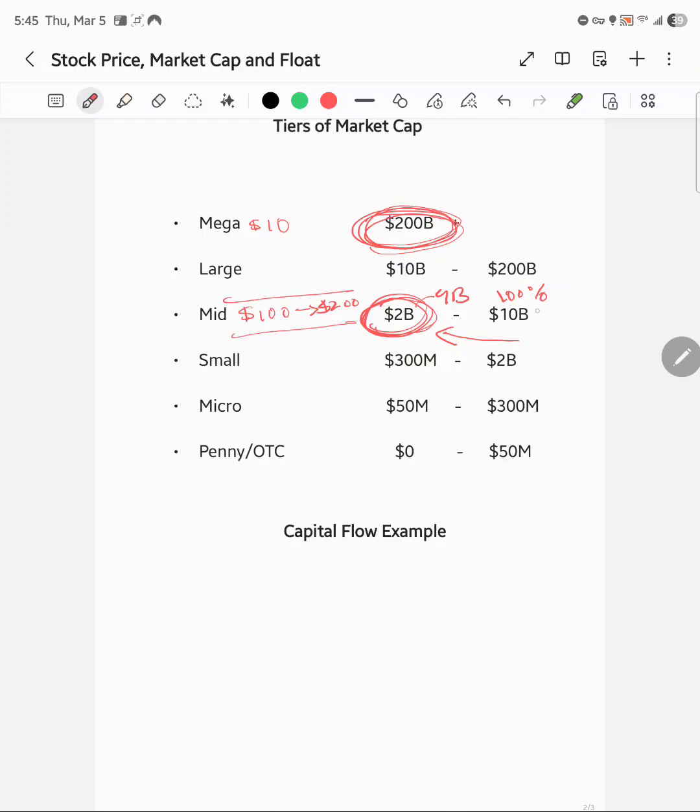Now if I take that same $2 billion inflow and put it in that $200 billion company, it went from 200 billion to 202 billion. Do you know where the price went?